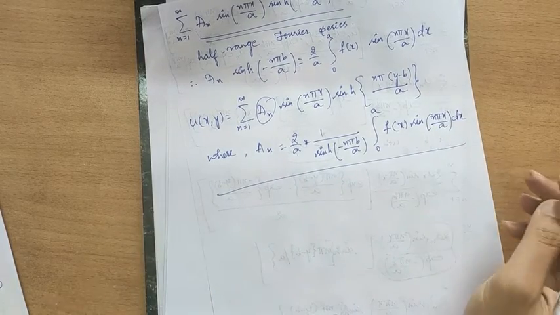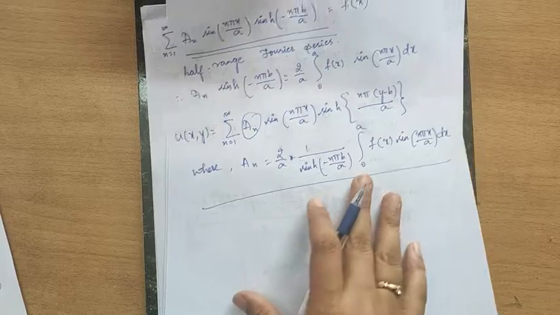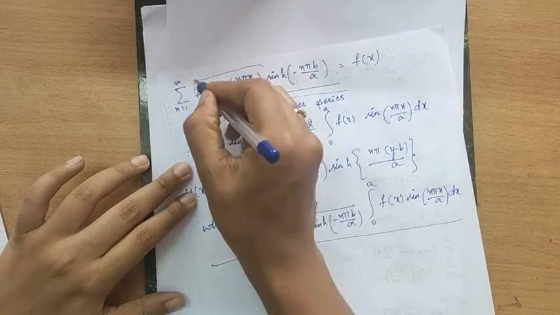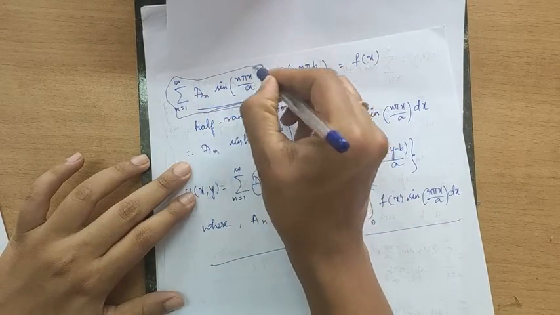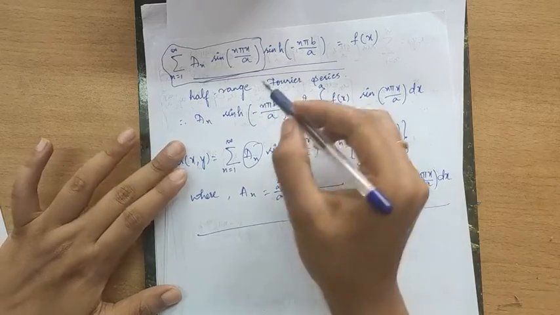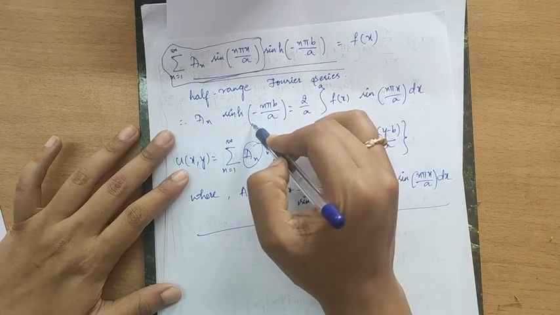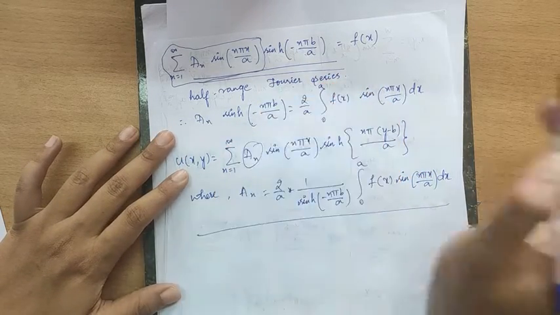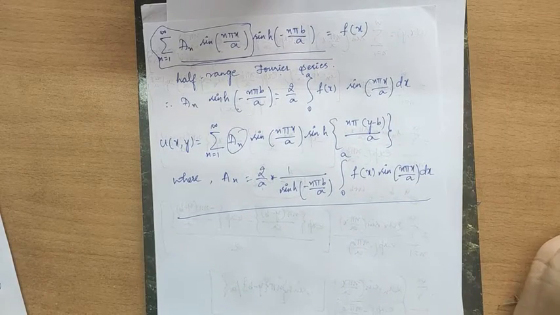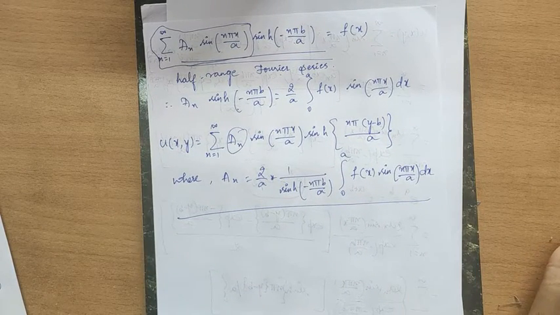This is the complete solution of the given problem. Here this part is half range Fourier series. So I have written this term as it is with an. Okay. So this is all about Dirichlet problem for rectangle.